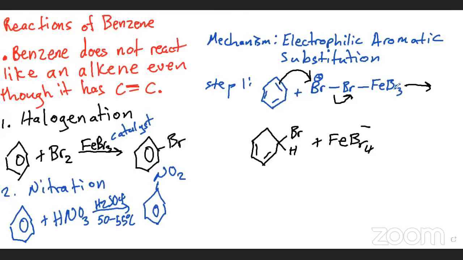So FeBr3 plus this bromine here, we just write FeBr4. It's a total of 4 bromine atoms that are bonded to it. So again, benzene removes the bromine from this complex. Once it does that, the double bond is broken because we use the pair of electrons to get this bromine atom on the ring.